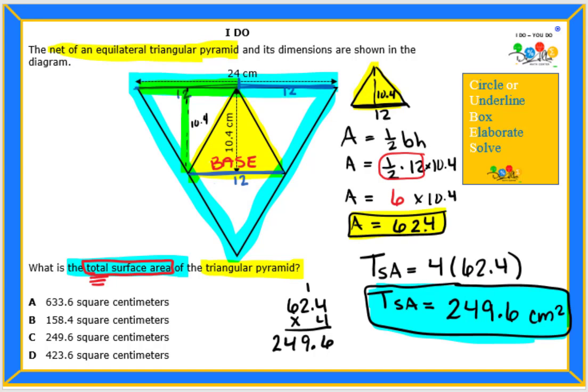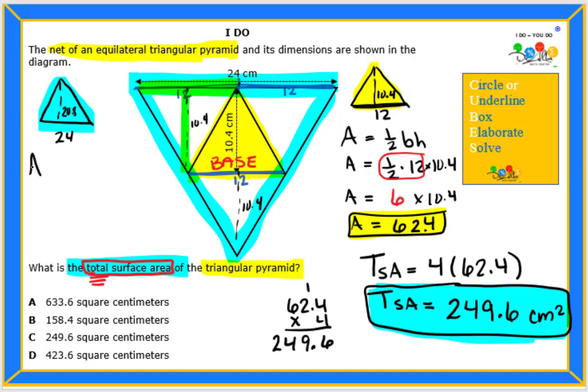And if I just find the area of that triangle, we would have a base of 24, and the height from here to here is 10.4. And this is another triangle, so this would also be 10.4. So the total height is the height of two of those smaller triangles, which is 20.8.